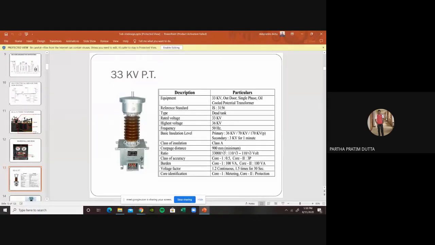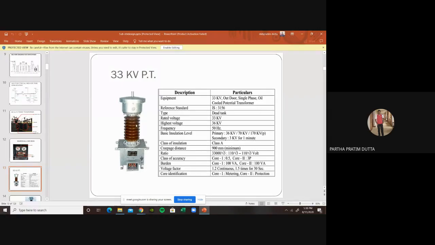Creepage distance is 900 millimeter. Creepage distance means we use a porcelain insulator here, and you see the gap between these two porcelain discs. If you add all these gaps, including the little bit of white portion of the porcelain insulator, and put the entire length together, that is called the creepage distance.